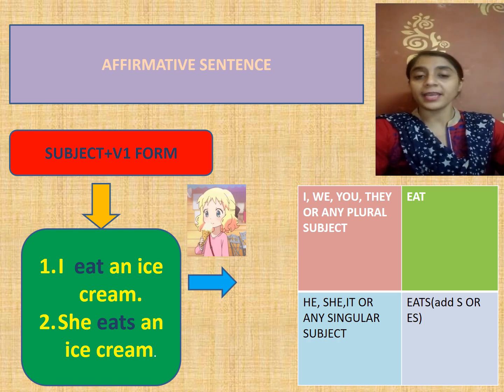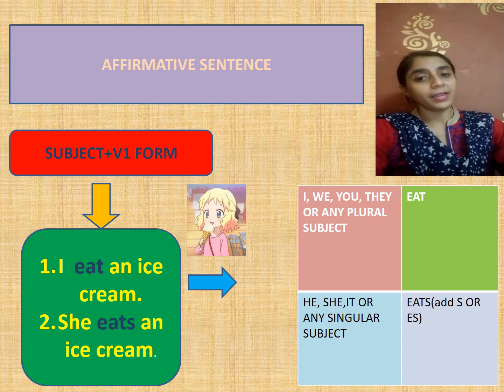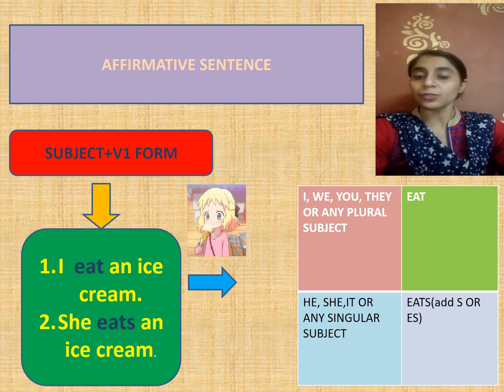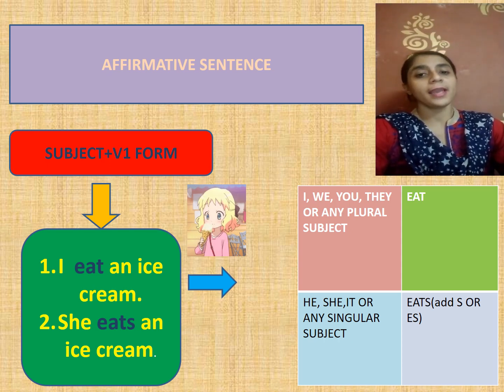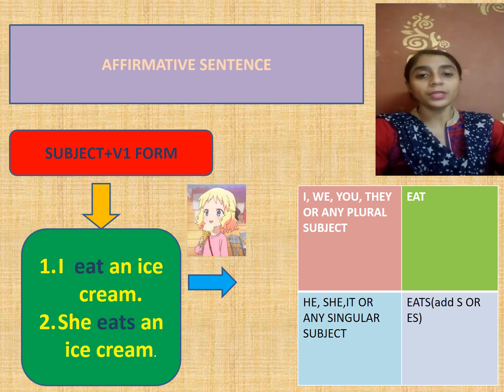Like I have added s to eat and it has become eats. We can add es to teach and it can become teaches. So with singular subject, children, we have to add s or es to a verb, but with plural subject, no need to add s or es to the verb.